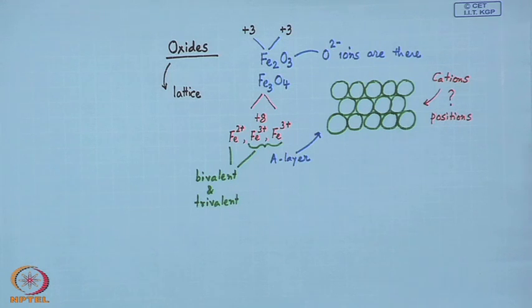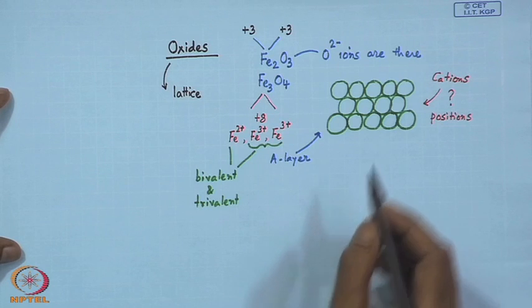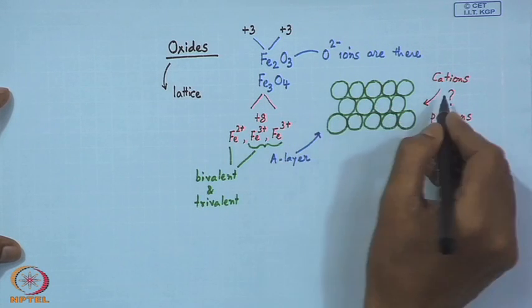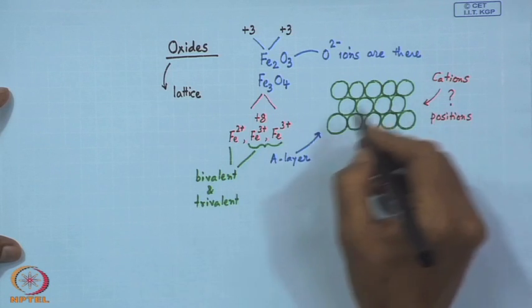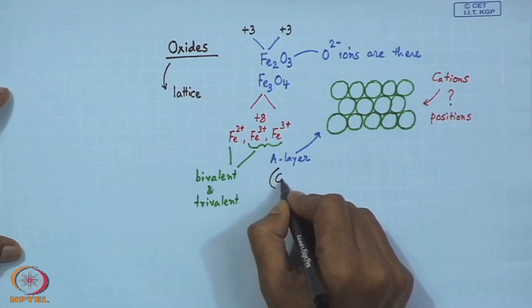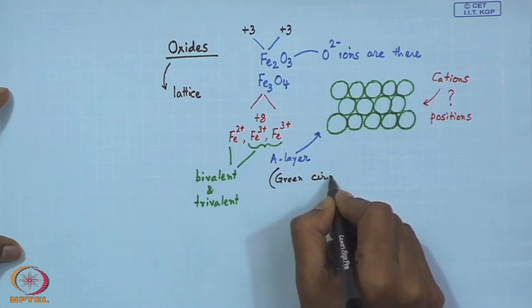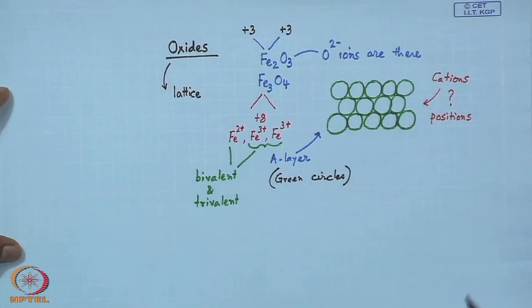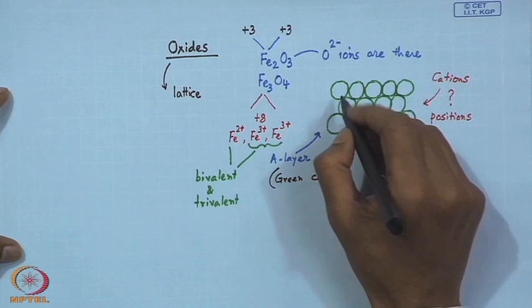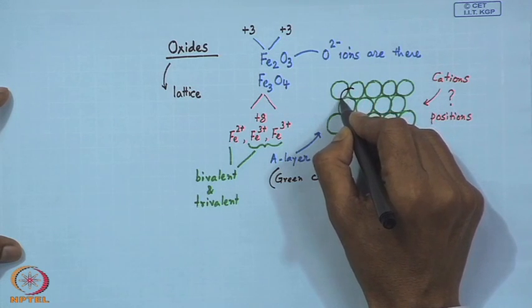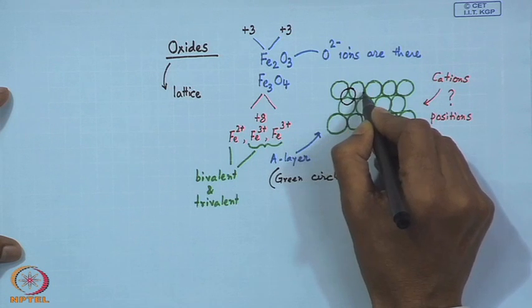So, if we get this particular layer arrangement, and if we go for the second layer, if this is A layer, that means these green circles are giving us the A layer, and next we can have the second layer, that means the B layer.